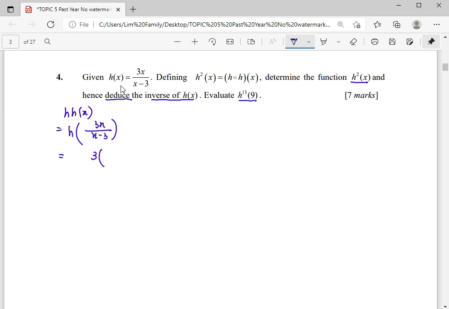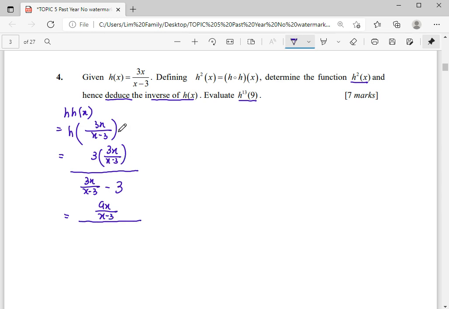Therefore your numerator is in fraction and denominator also in fraction. So we simplify it part by part. For the numerator, multiplication of fraction, so just multiply, it will be 9x over x minus 3.